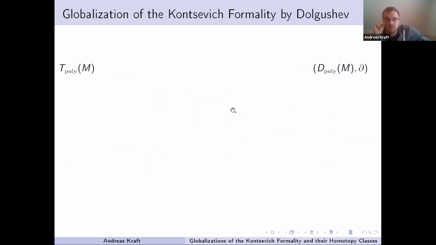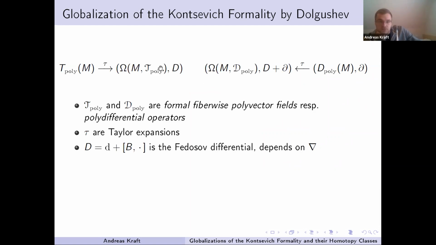So let me give you a very basic idea how this works. On the one hand side, we have vector fields with zero differential and Schouten bracket, and here differential operators with Hochschild differential and Gerstenhaber bracket. And the first step is to construct these Fedosov resolutions here. So differential forms on M with values in the formal fiberwise polyvector fields and formal fiberwise polydifferential operators.